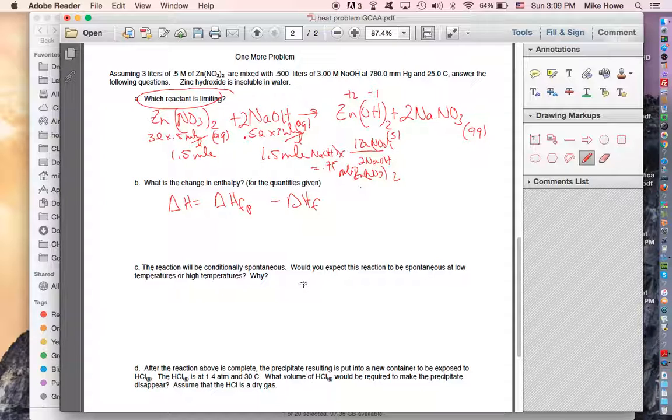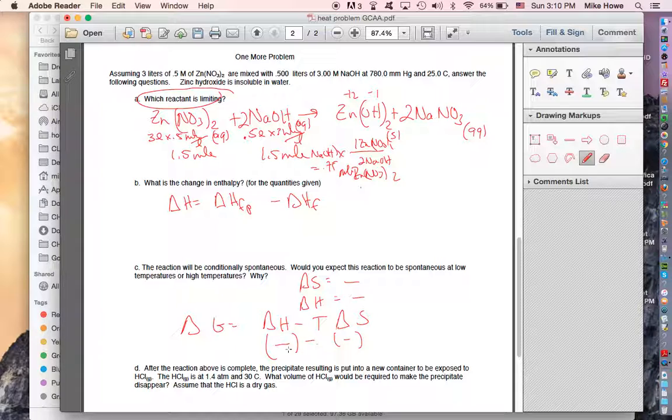So you would expect that delta S is negative. But delta H is also negative. So now you know delta G is equal to delta H minus T delta S. We know T is always positive, so we got a negative number minus a negative number.